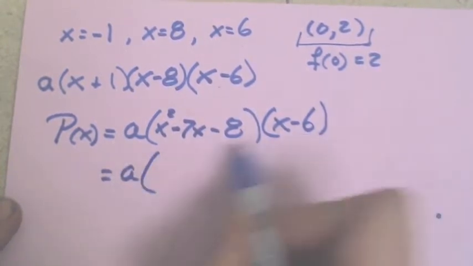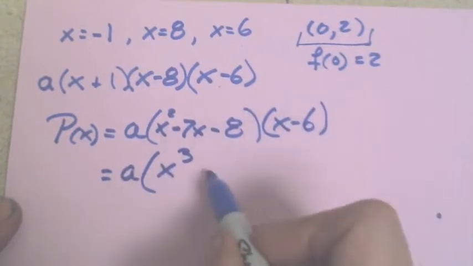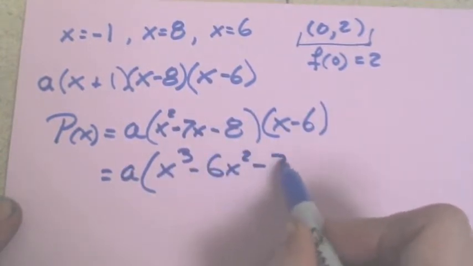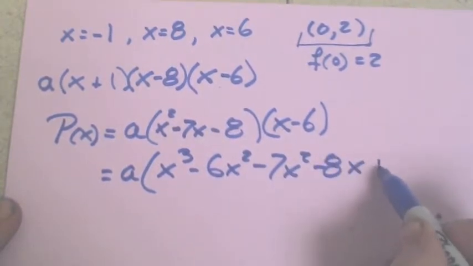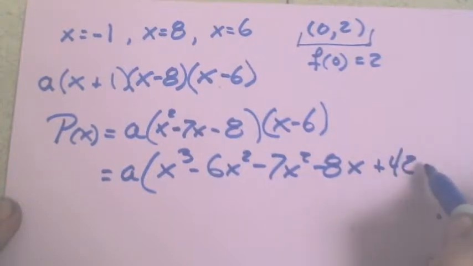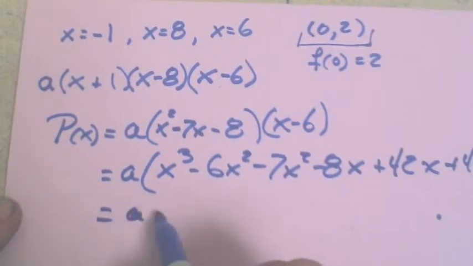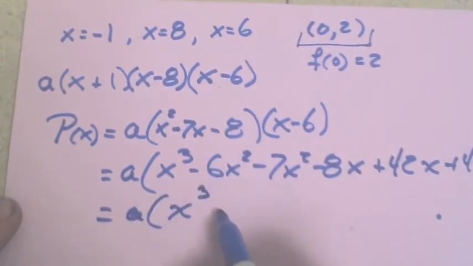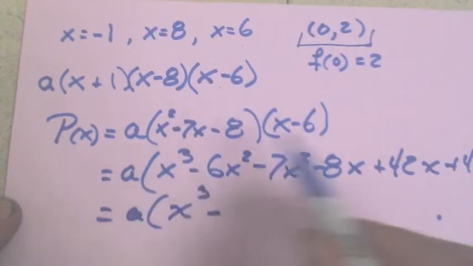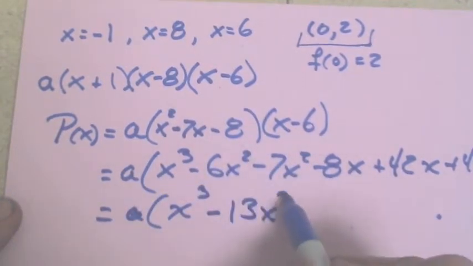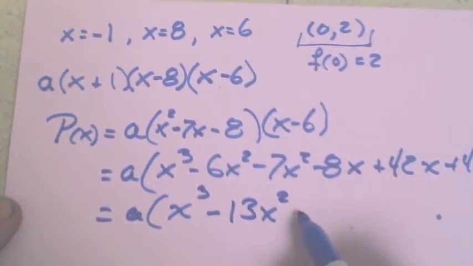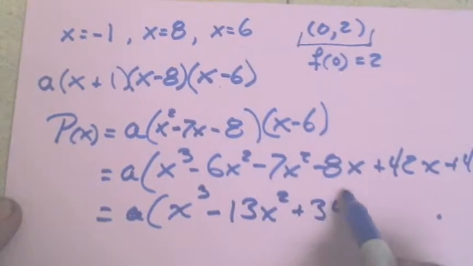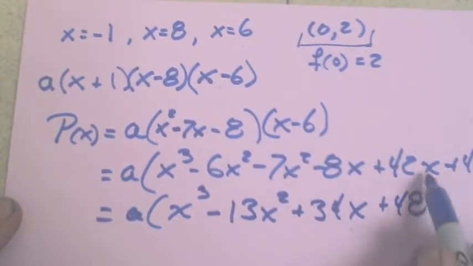Multiply the x minus 6, and we get x to the third minus 6x squared minus 7x squared, minus 8x plus 42x plus 48, I think. Again, I'm trying to do that really fast, so if I did something overly bizarre, please excuse me. But this would end up being, what, x cubed minus 13x squared plus 34x plus 48.